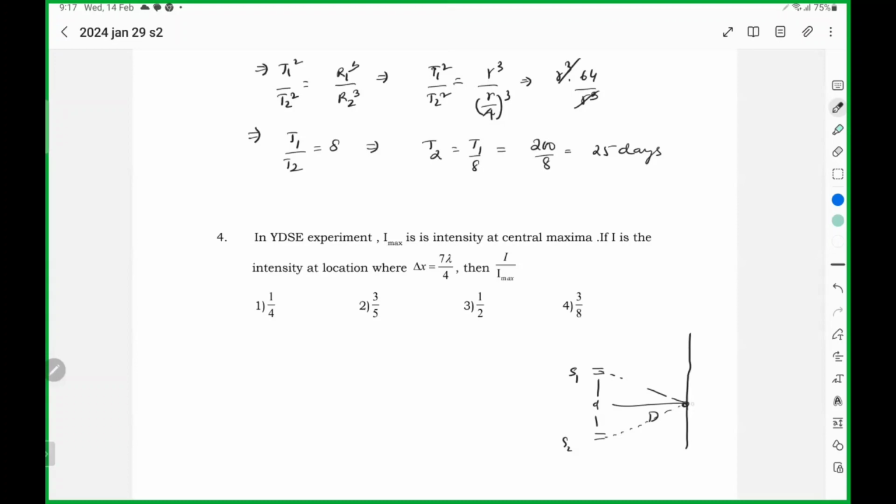When path difference is 0, here we can observe a bright light which is known as central maximum.